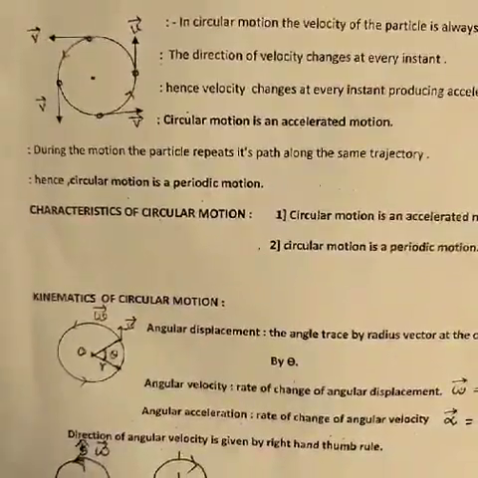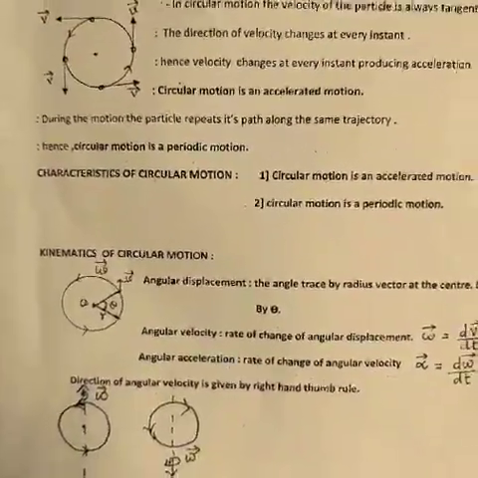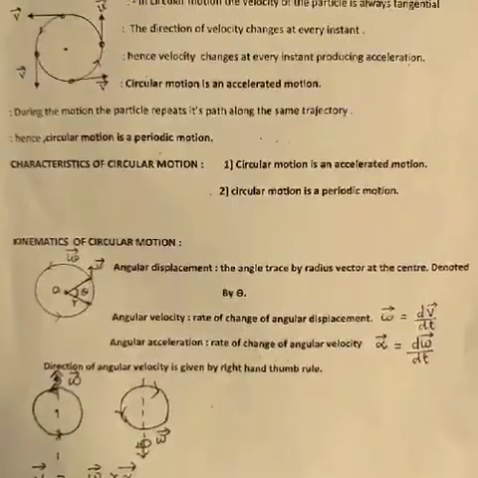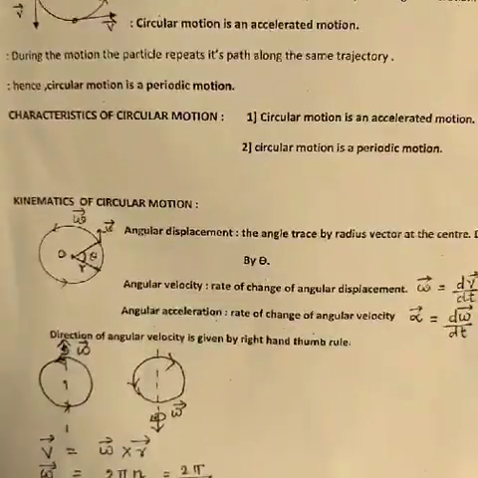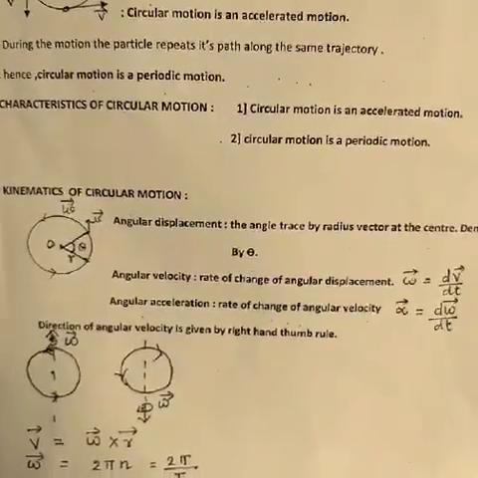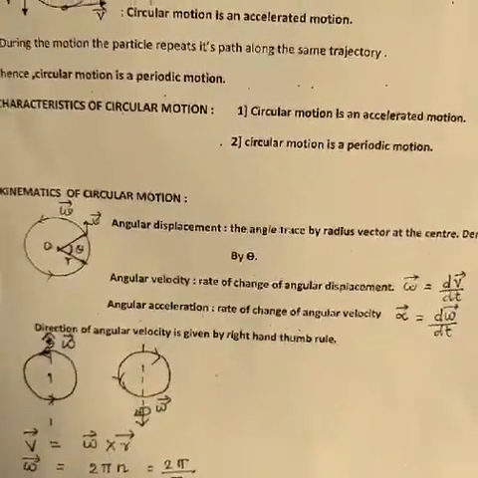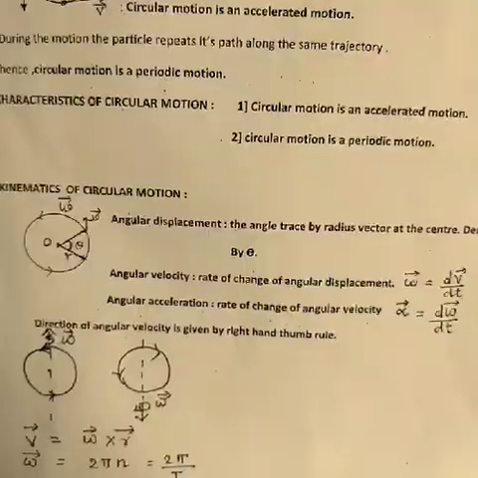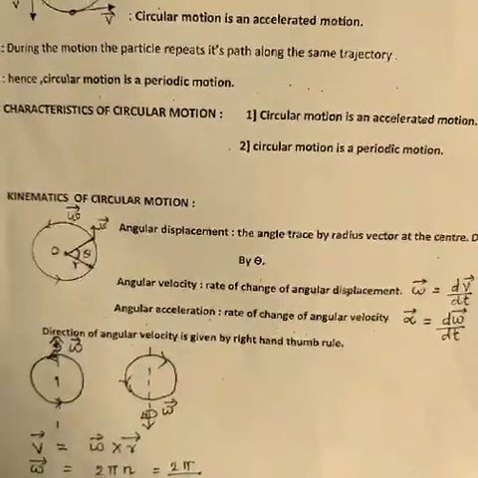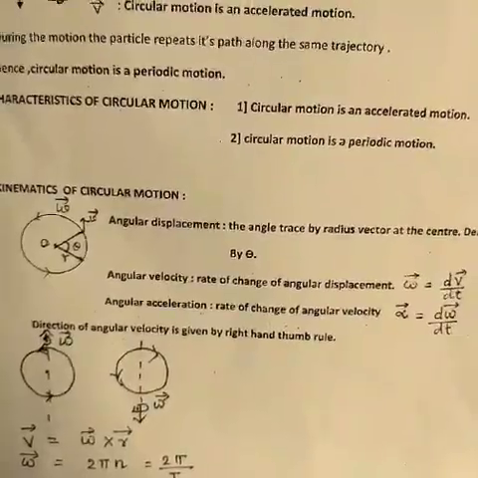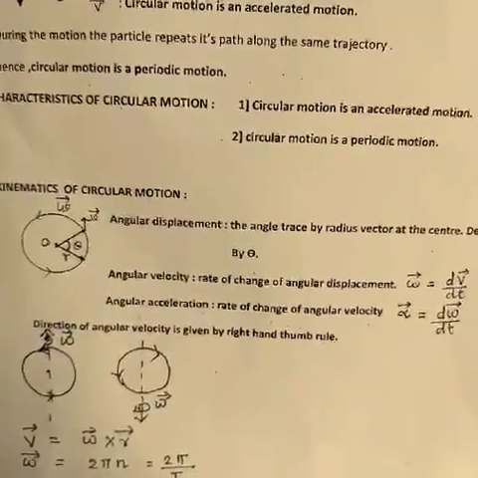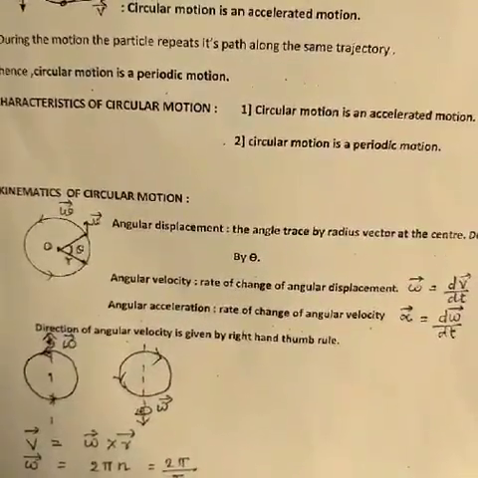So the next point is kinematics of circular motion. So what is kinematics? Kinematics means the study of the physical quantities which describe the motion. Last year we studied all these quantities and also the kinematic equations. So let's recall them again.